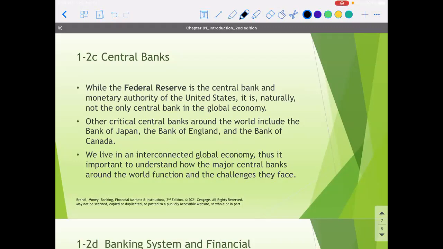So as I identified already, the central bank in the United States is the Federal Reserve. The Federal Reserve controls the money supply. There are other banks around the world, so that's what this slide kind of identifies, and we actually will look at some of those others, namely the Bank of England, probably not the Bank of Canada, but we'll also look at the ECB, the European Central Bank.